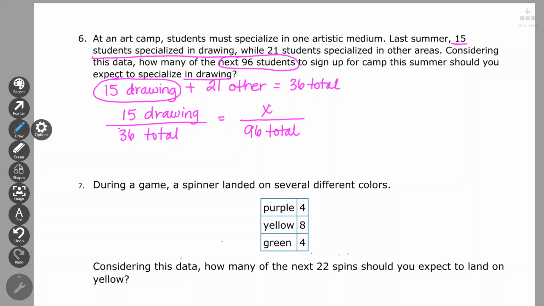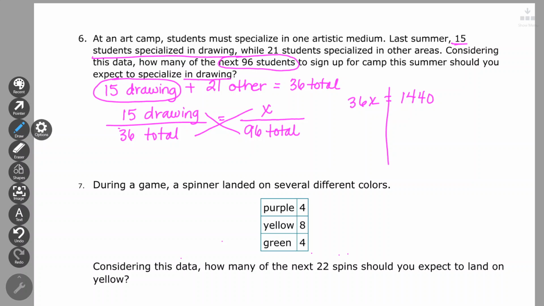Now that we have the proportion, we can cross multiply. 36 times x is 36x. 15 times 96. Now you'll need your calculator for this one. 1440. Okay, let's draw a line. Now 36 is being multiplied by x because when a letter and a number are squished together side by side, that means multiply.